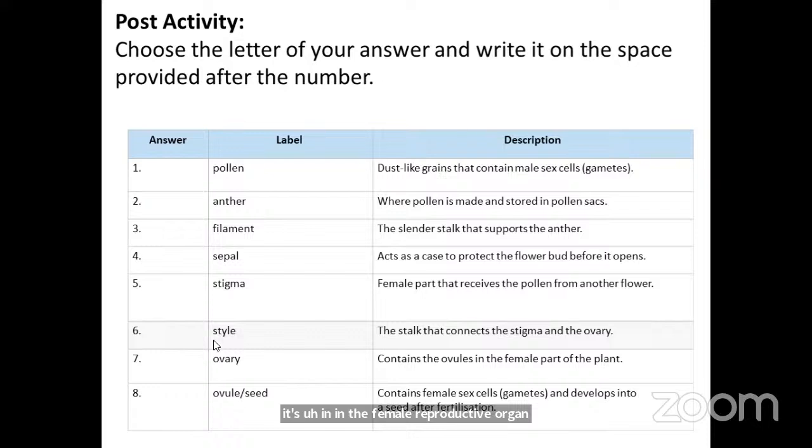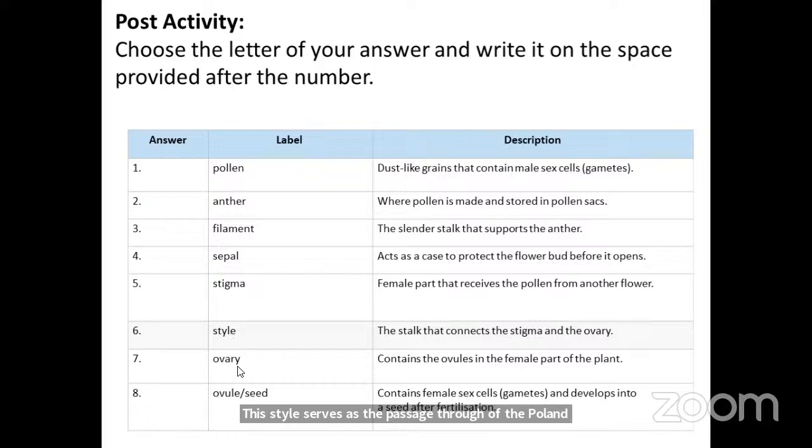But in the male reproductive organ of a flower, the stalk is called the filament. In the female flower, the style serves as the passage of the pollen towards the egg in the ovary.